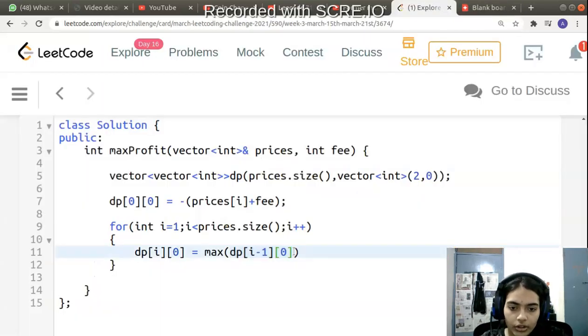So this same thing I can copy, minus prices of i plus fee, this I will have to pay, but I will retain the profit that I made by selling stocks on the previous day. So dp of i minus 1, 1.